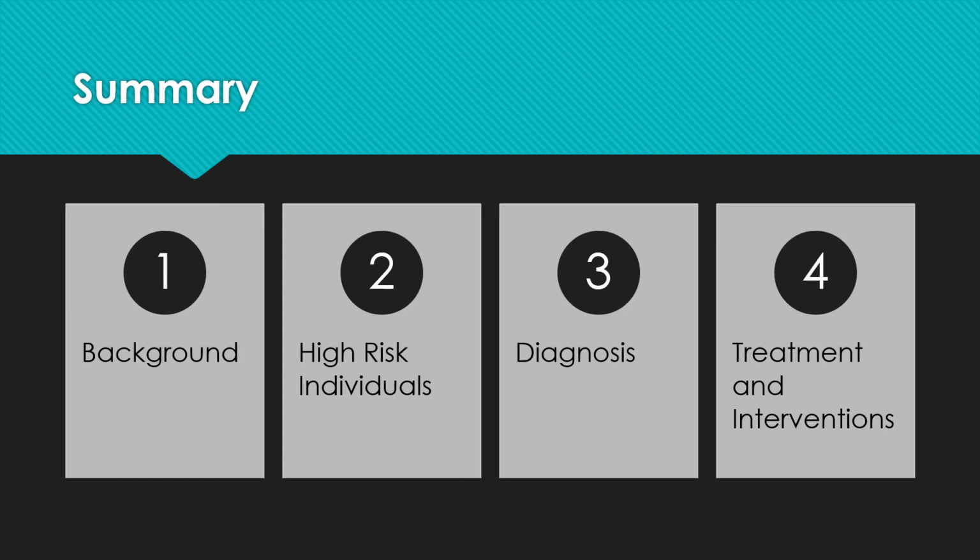In conclusion, small bowel obstructions are a common occurrence everywhere across the United States. Individuals that are at a high risk for developing a small bowel obstruction are those with a history of abdominal surgery or Crohn's disease. A small bowel obstruction is diagnosed through the use of a computed tomography scan, or a CT scan.